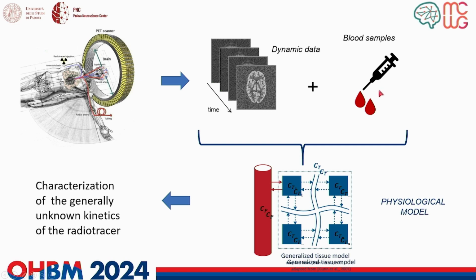With the new scanners, there is now the possibility, instead of using blood samples, to use directly what we call IDIF, image-derived input function, directly from the images. Now it's possible because we have new scanners, new resolution, and so on. So we need the input information, and we need the model to characterize the system.